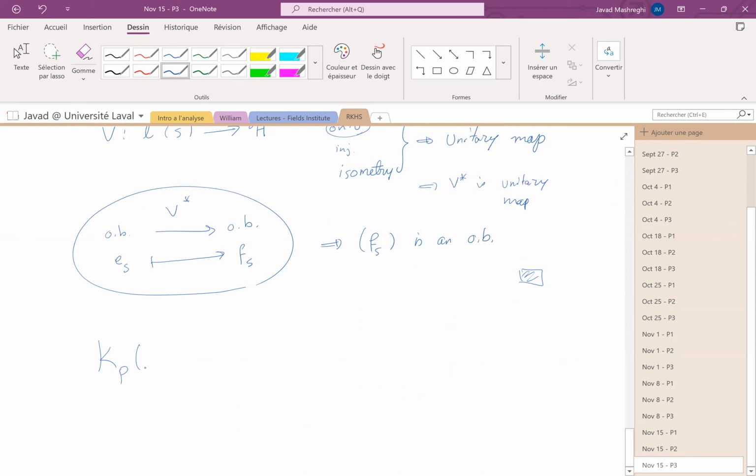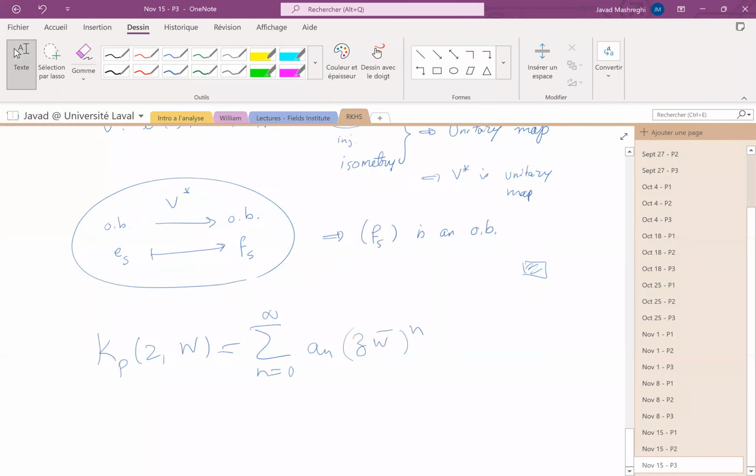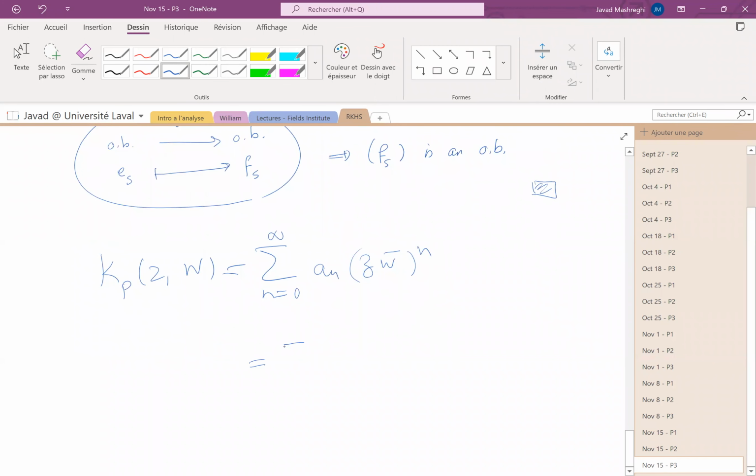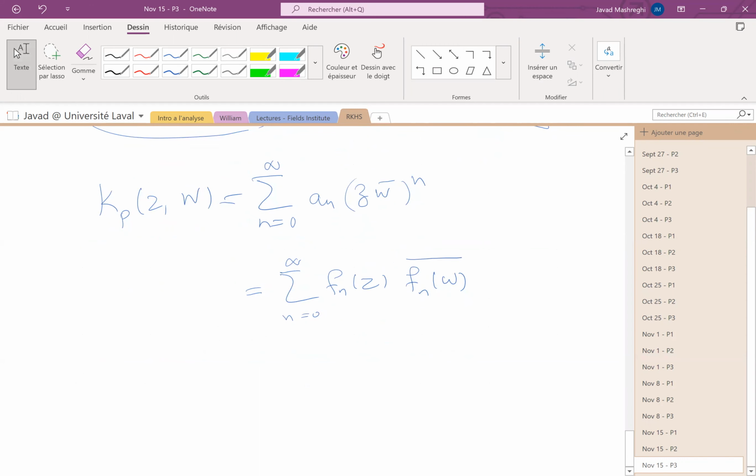We had Kp of Z and W, the sum n from 0 to infinity of an ZW bar to the n, which we can write as before, Fn of Z, Fn of W bar. And now, based on the above observation, we can say that the set of Fn when An is not equal to 0 is an orthonormal basis.